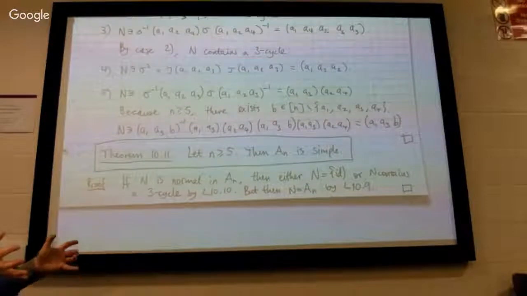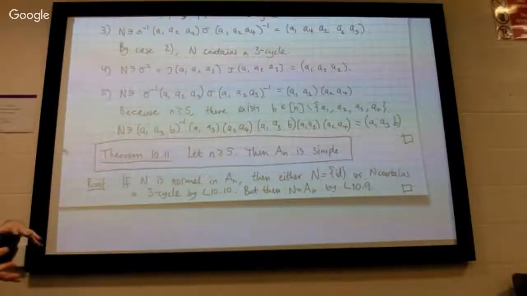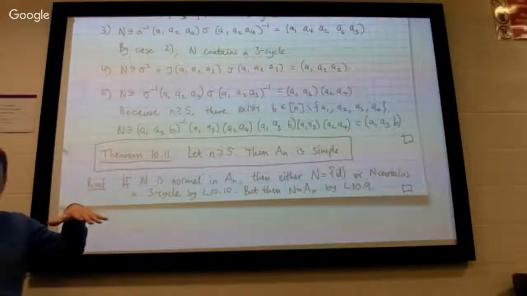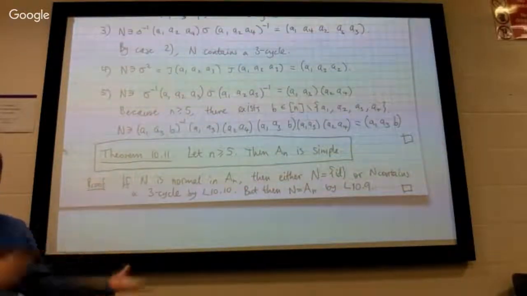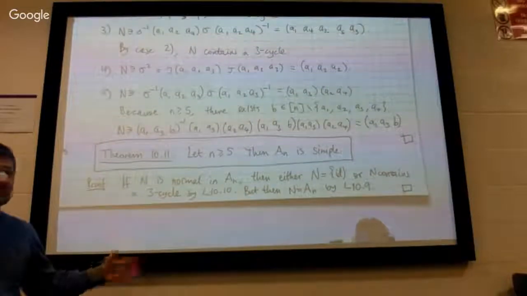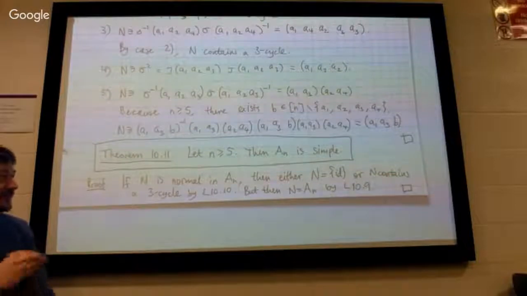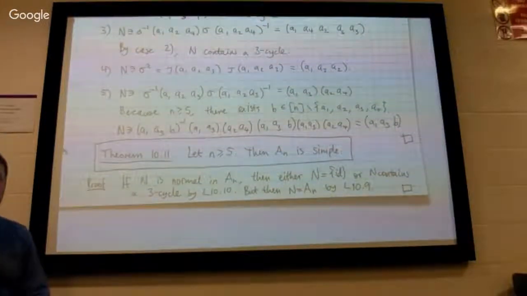If it contains a 3 cycle, we had lemma 10.9, which says that it contains many 3 cycles, and then by the previous lemma, if it contains many 3 cycles, it has to be the whole group. So that shows it. If it's normal, it can't be between the identity and the whole group. It has to be one of the two.